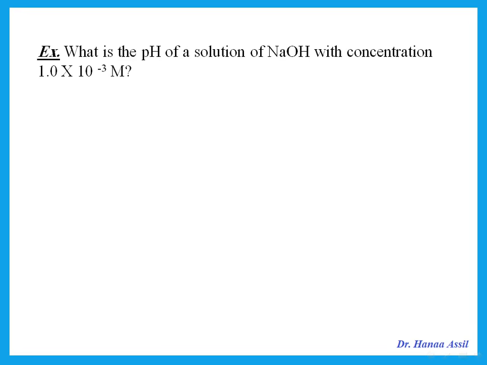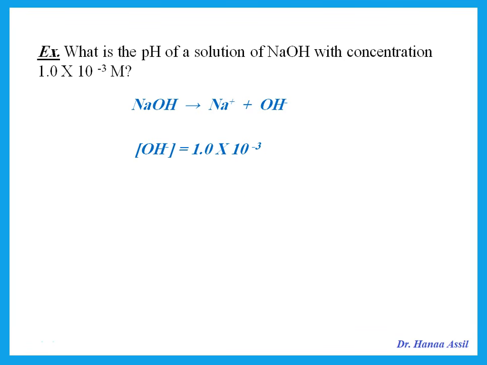Okay, let's look at this question. What is the pH of a solution of sodium hydroxide with concentration 1 times 10 to the minus 3? Well, sodium hydroxide is a strong base, so it ionizes completely to give Na+ and OH-, and that means that the concentration of sodium hydroxide is the concentration of hydroxide ions. So we know now that the concentration of hydroxide ions is 1 times 10 to the minus 3.